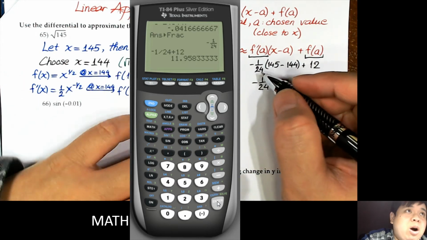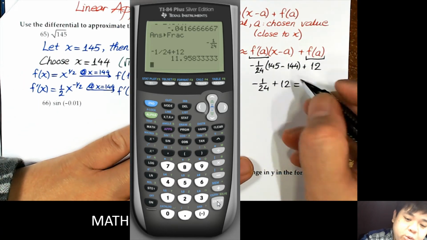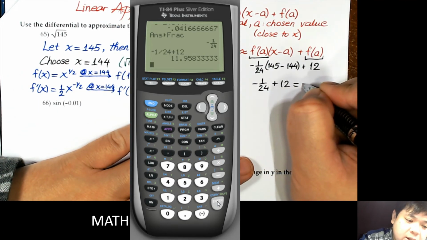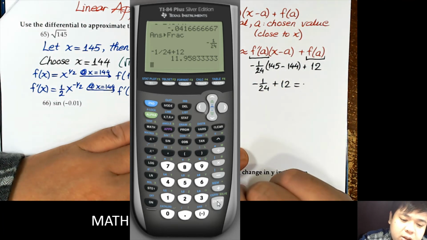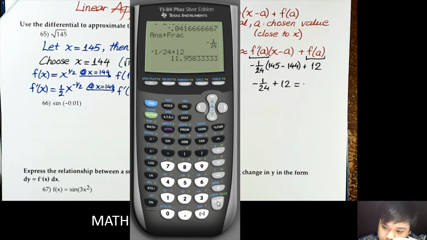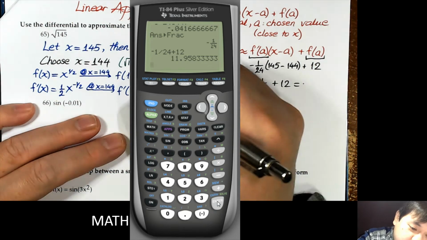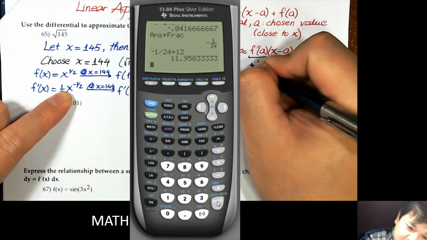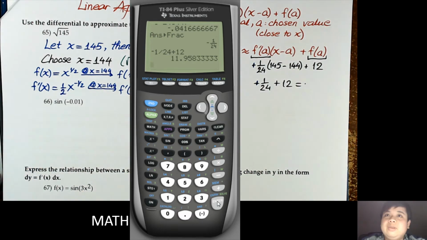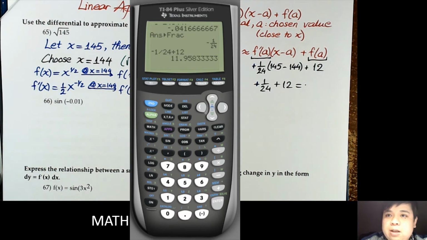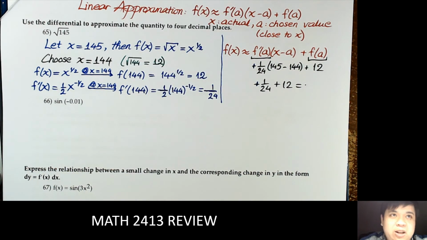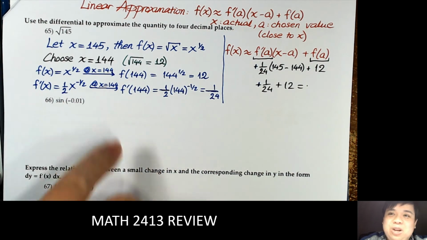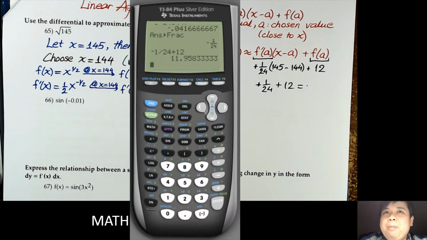They want 4 decimal places. I apologize, there's no negative here. Yeah, so the derivative, there's no negative. This is 1/2 x to the negative 1/2. Sorry.